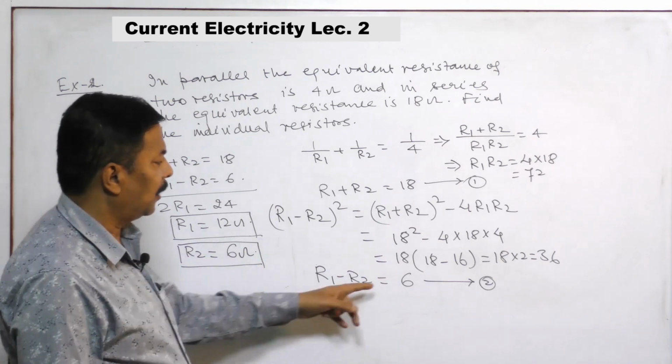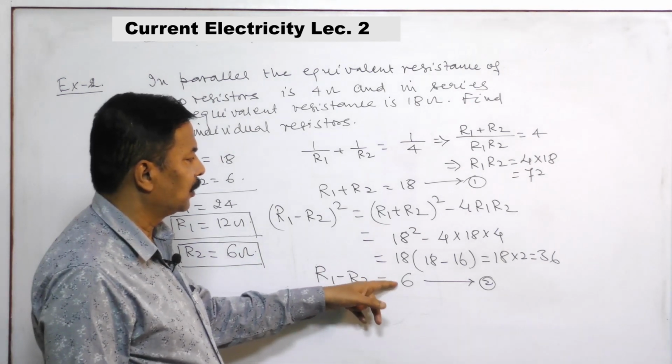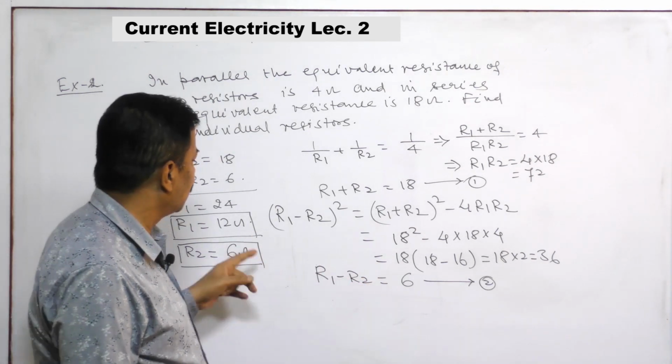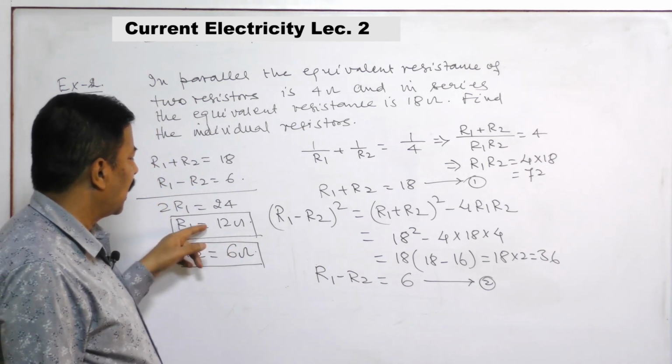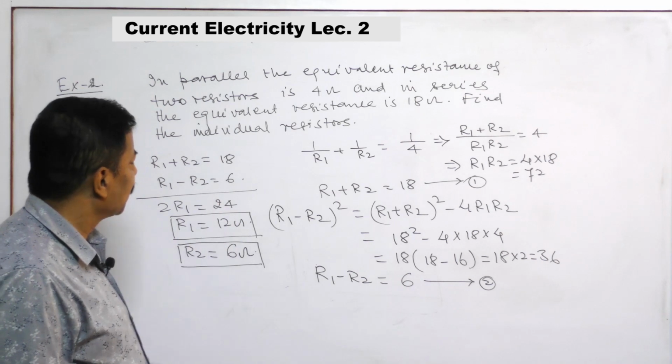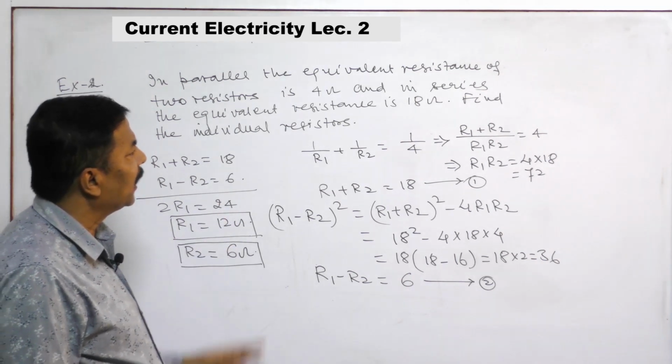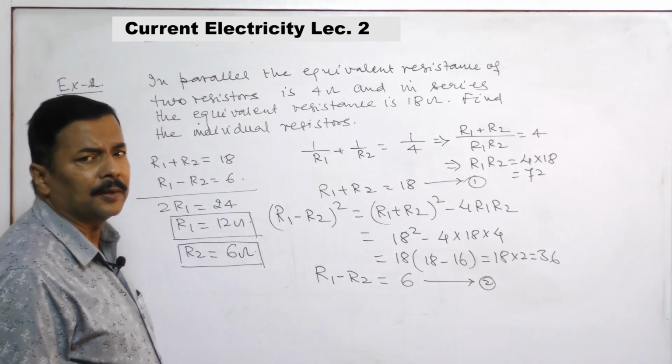You can take here plus minus also. The result will be the same, only in place of R2 you will be getting 12 and R1 you will be getting 6. So any combination you can take, and this way we can solve this problem.